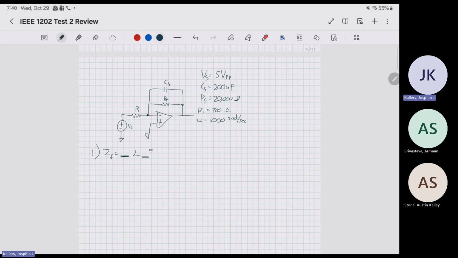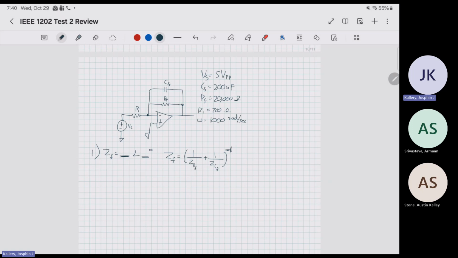I'm going to do it only in variables, and then I'll evaluate the final expression. So our ZF is 1 over the impedance of our resistor plus the impedance of our capacitor, to the negative 1.